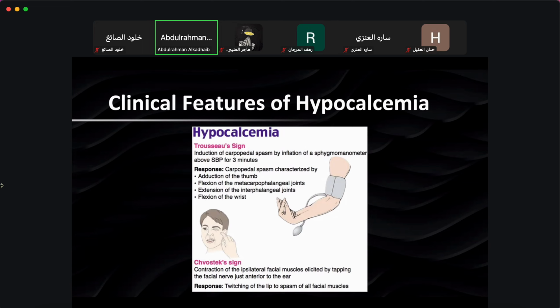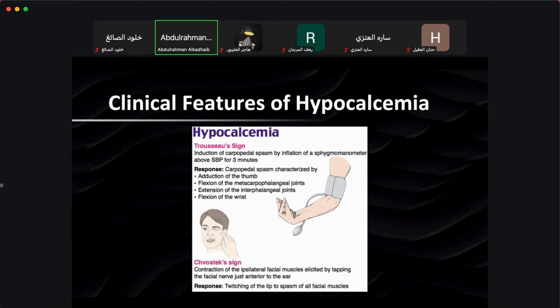Okay, so this is an ECG of a patient with hypocalcemia. Can anyone of you again tell me the abnormal findings that we may see here? What do you think? Long QT. Yes, exactly. It's the exact opposite finding of hypercalcemia.